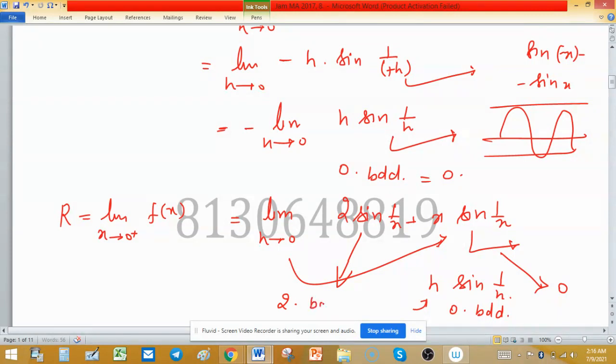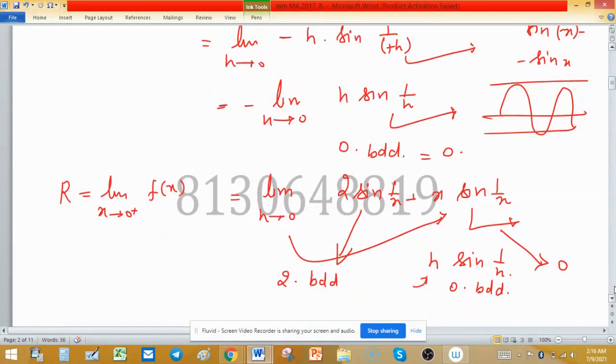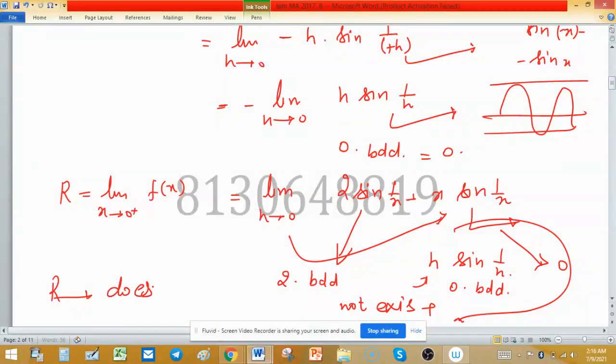How? 2 into some bounded value, but sine has no fixed value as we tend to 0 from the right hand side. We have many values, bounded by 1 and minus 1, but no fixed number. So the limit of this part does not exist, but the limit of the other part exists. So finally R doesn't exist.